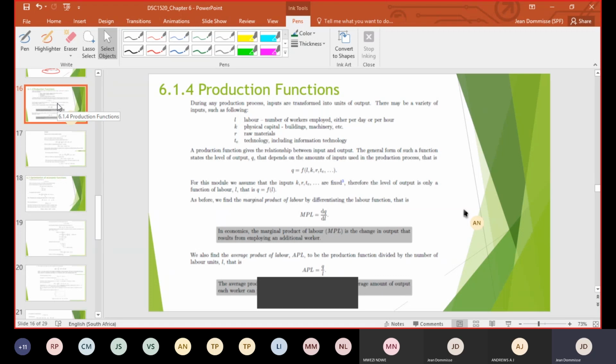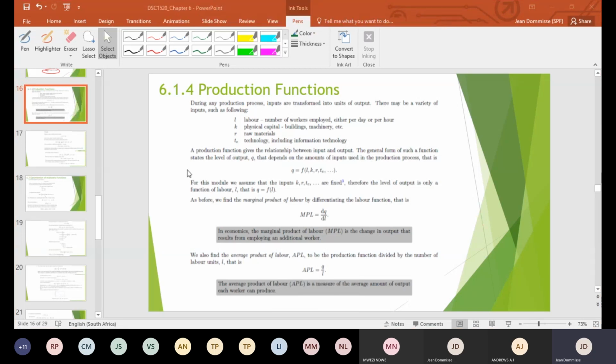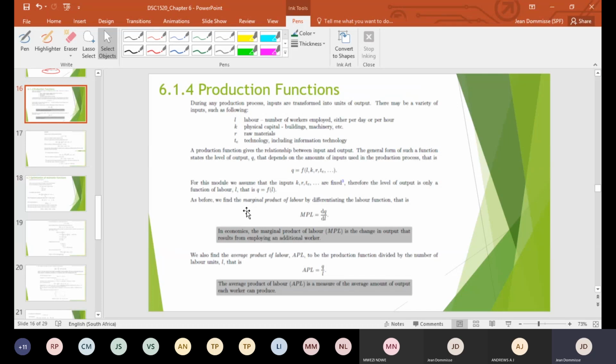It doesn't mean it's not important, but it is important from that point of view that we just look at this as well, because later on we'll nearly jump straight into more economic functions. So from a production function point of view, we need to just see what the definitions are.